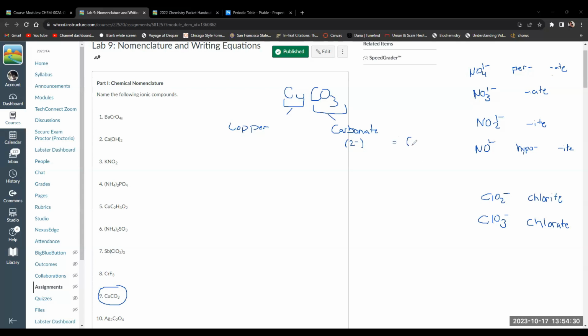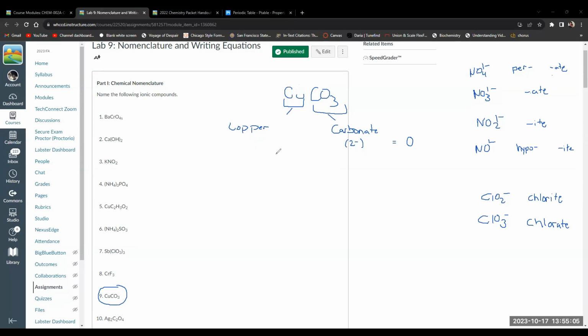Again, we want the charges to equal 0, and we know we have 1 copper here. So we can figure out its positive charge, since transitional metals don't have a consistent charge on them, but by knowing the charge of the polyatomic, we can know what the charge of copper is.